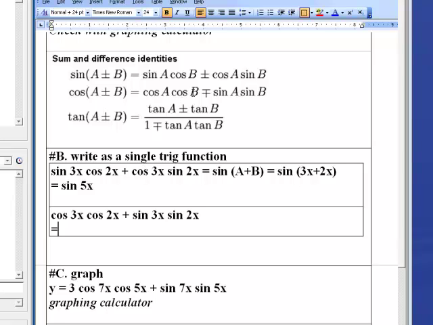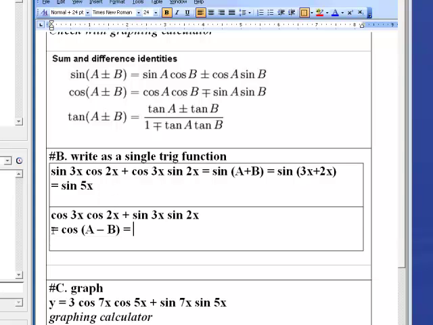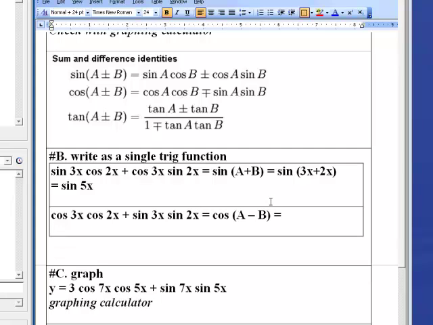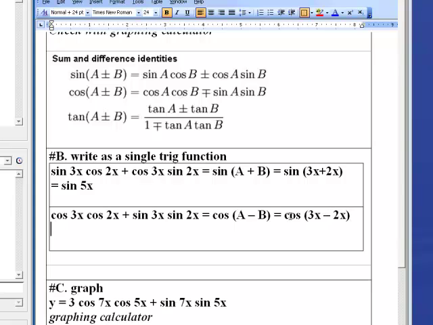So we have cosine cosine plus sine sine, which turns into cosine A minus B. And that equals, again, I guess I put this on one line here, cosine of 3x minus 2x, and that of course comes out to simply cosine 1x. Whoops.